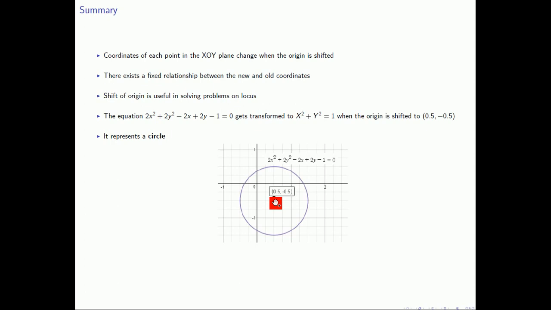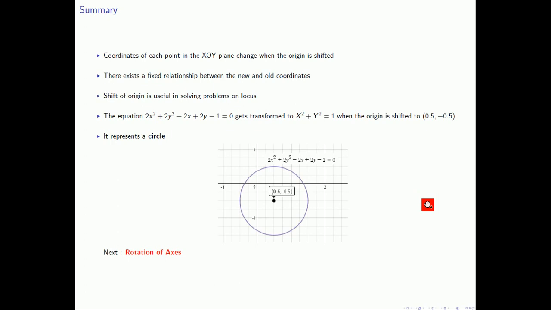In other words, if I shift the origin from this point to this black dot, this equation gets transformed to X squared plus Y squared equal to 1, and that 1 being the radius of the circle. So, shift of origin has extensive use in the analysis of various problems on locus.